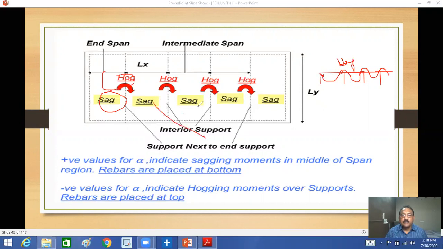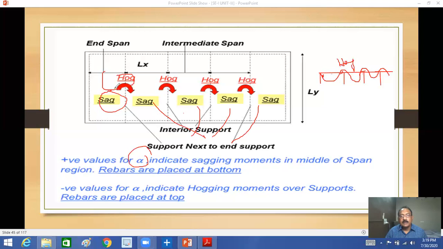Here, hogging moment; here, sagging; here, hogging. In this way, interior supports and the support next to the end support. As per the table, given the end and next-to-end support, these alpha values for sagging moments are calculated from Tables 12 and 13 of your IS 456.